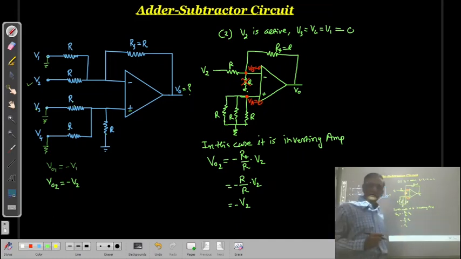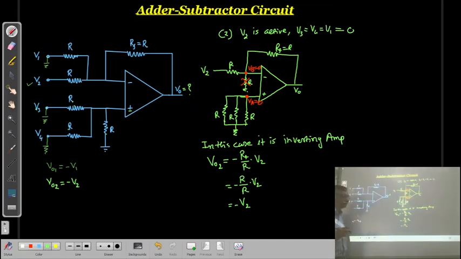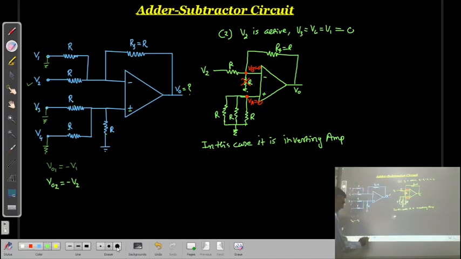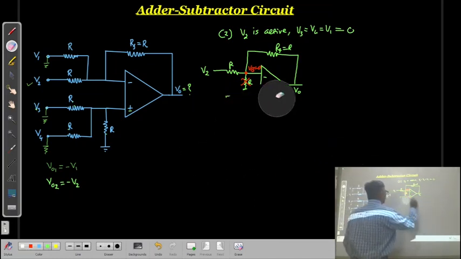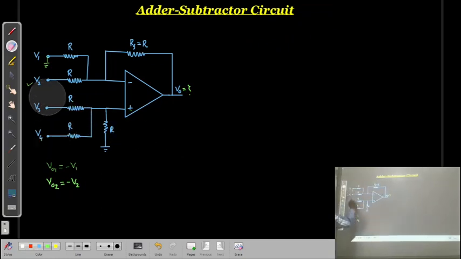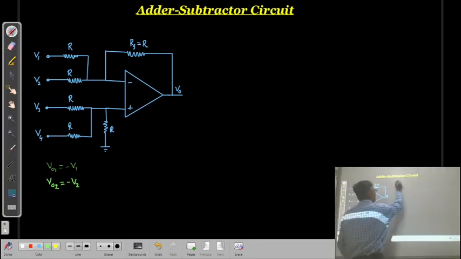So we have calculated the voltage due to V1, then we have calculated the voltage due to V2. Now we will consider the V3 voltage. Correct? So the third one.